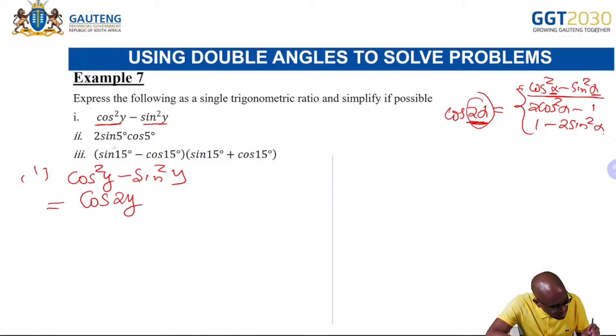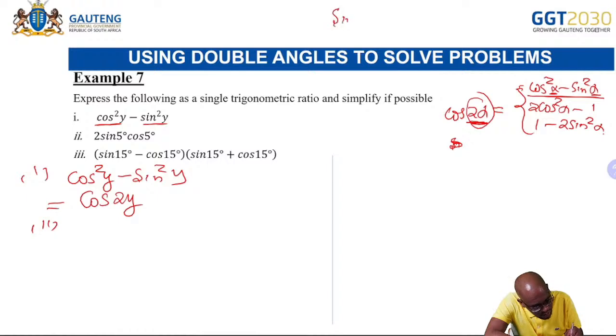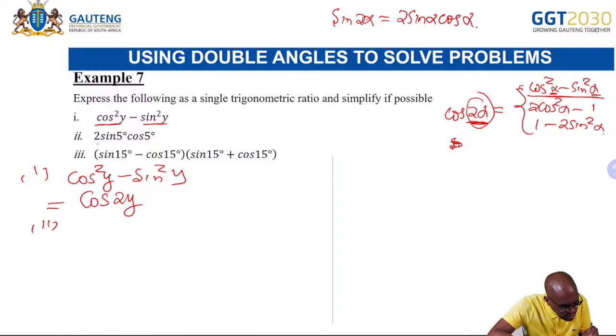So now let's look at the second one. The second one is 2 sine alpha cos alpha. We know to expand the sine, let me write it at the top here, sine 2 alpha is 2 sine alpha cos alpha. So this is given by 2 sine 5 cos 5.